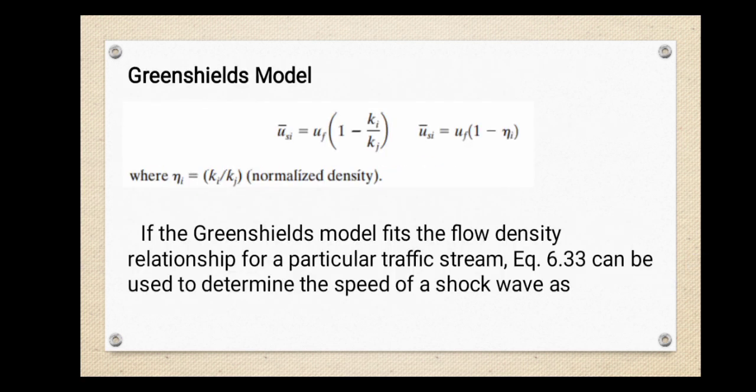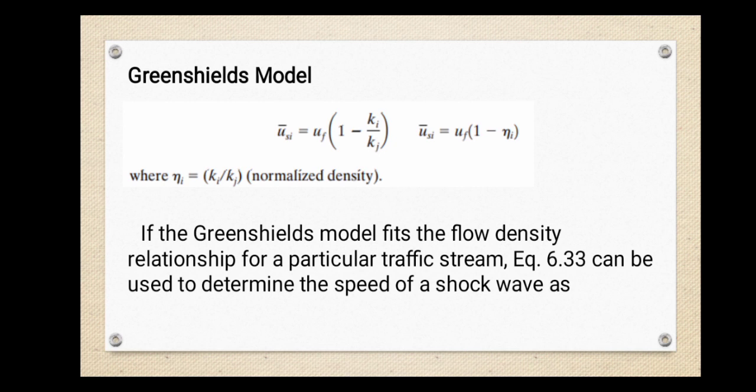When such a continuous change in volume occurs in a vehicular flow, a phenomenon similar to that of fluid flow exists, in which the waves created in the traffic stream transport the continuous changes of flow and density. The speed of these waves is dq over dk.